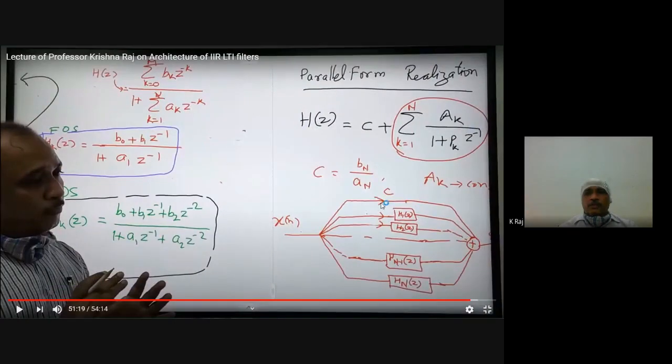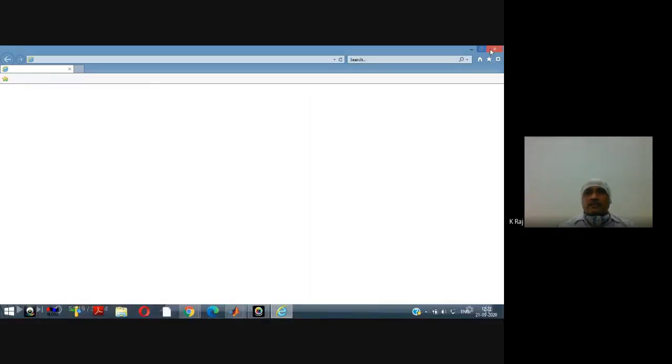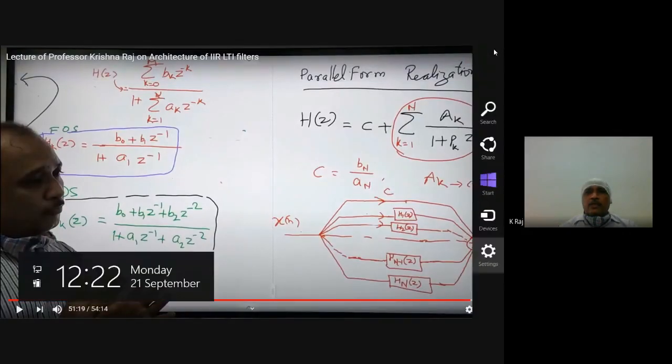So here C will be represented in the top one, and then the remaining H(z) is related to Hk(z). These are represented here, that is H1z, H2z, and like that up to Hnz. So this is the parallel form realization.